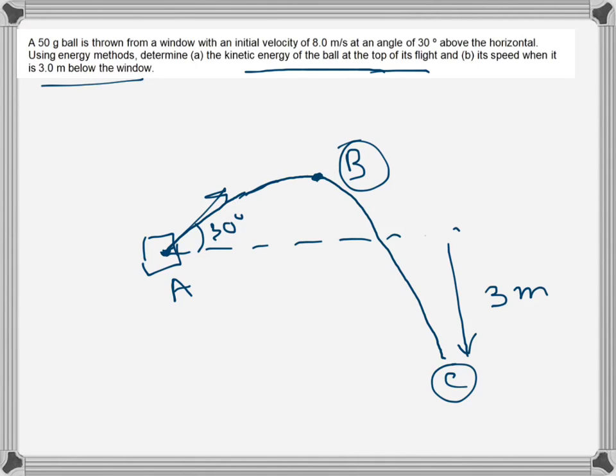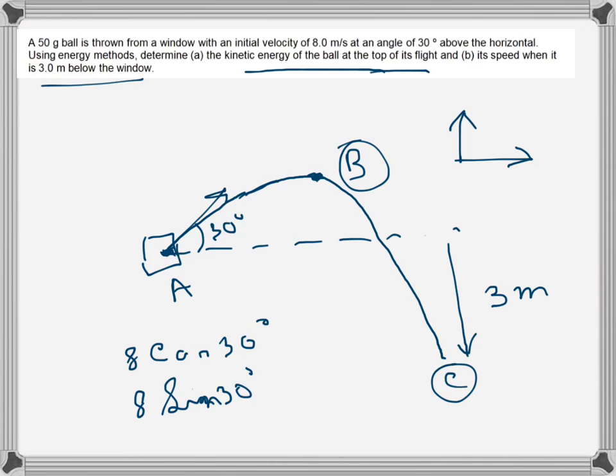Let's first find the kinetic energy at the top. When it reaches the top, it doesn't have any vertical component of velocity; that becomes 0. It has only the horizontal component. At point A, where it is thrown from, the horizontal component is 8 cos 30 degrees and the vertical component is 8 sin 30 degrees.